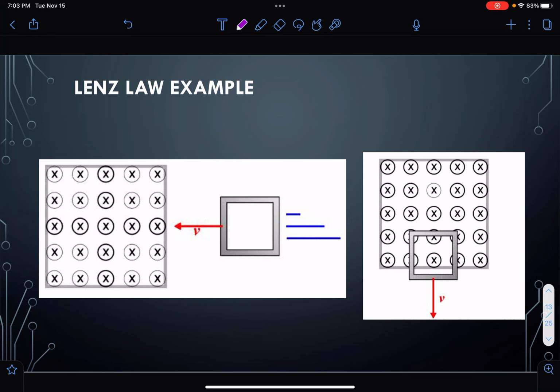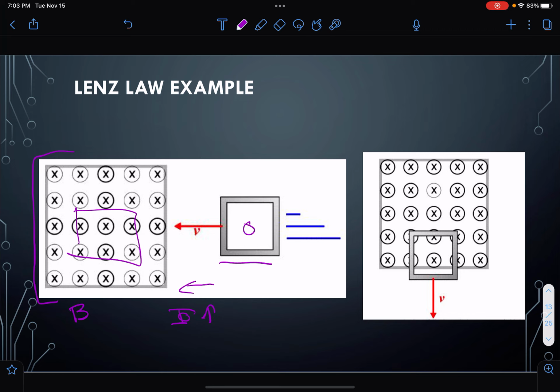Okay, so this, once again, is an established magnetic field, and it is going into the page. This is the motion of my loop or rectangle. So if it's going into that, then that means my flux is increasing, because right now there's 0 flux, right? And then once it gets in here, it's going to have lots of flux.